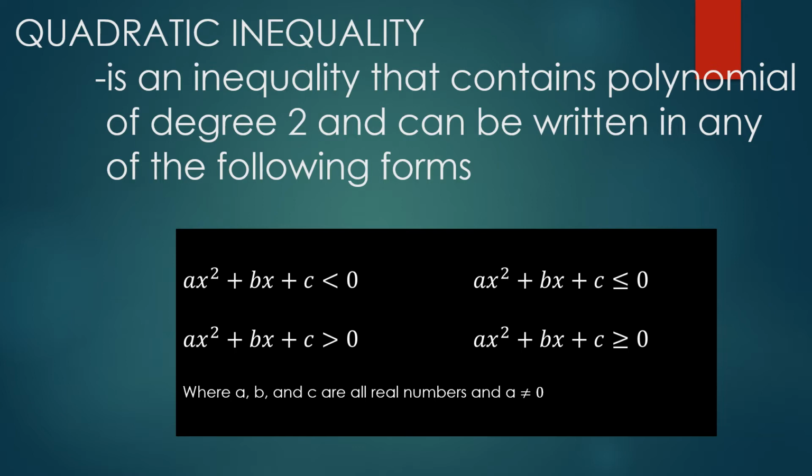Where a, b, and c are all real numbers and a is not equal to 0. It's because pag ang a natin is 0, it is not anymore quadratic, but it is linear. Pag nasa degree 2 tayo, dapat quadratic yan ha.